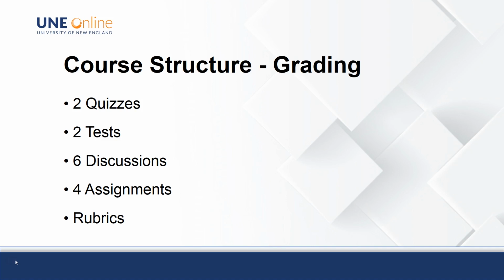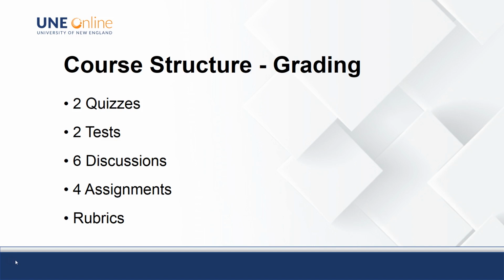There are 6 discussions that will make up almost half your grade. We will be working in both whole class and smaller group discussions throughout. We will talk more about the discussions in a minute. The final third of your grade will be divided among 4 assignments. These all relate to your final project.